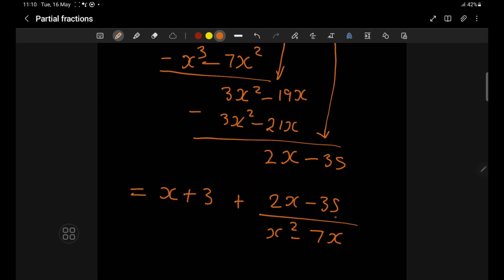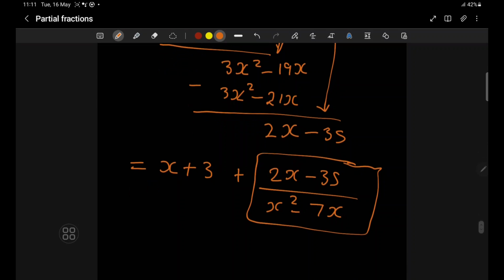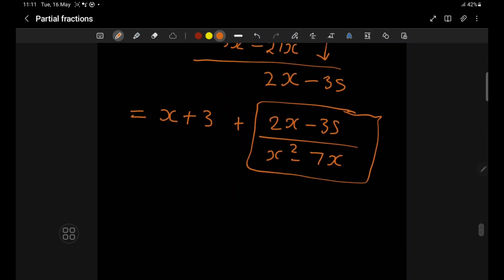So now we'll work on this part, while maintaining our given solution. We're going to find the partial decomposition of this expression here. If we look at the denominator, the expression is this over x squared minus 7x.